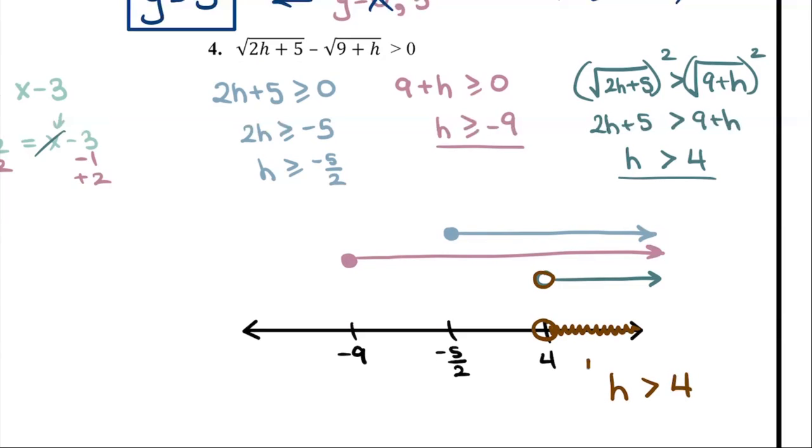And that's your final answer. No need to check. All right, and that's how you handle an inequality when you have more than one radical. Any questions? Go ahead and put it in the chat or unmute yourself.